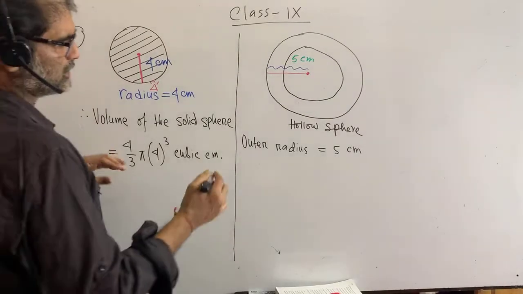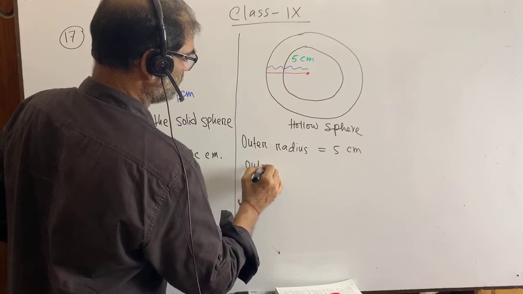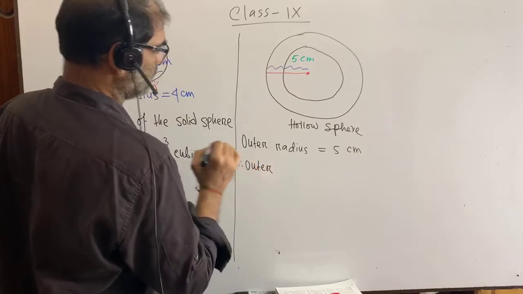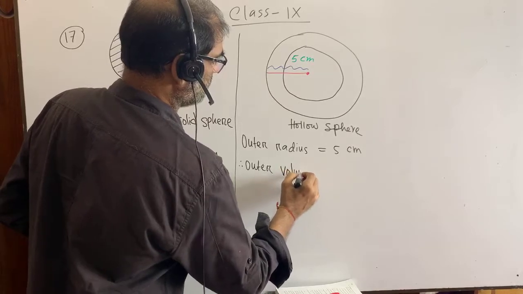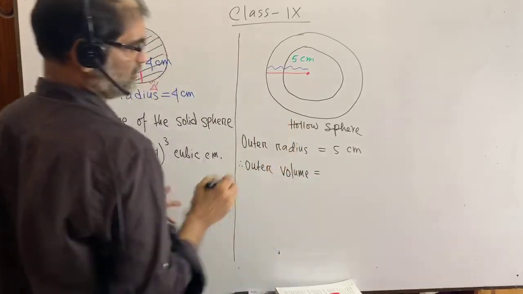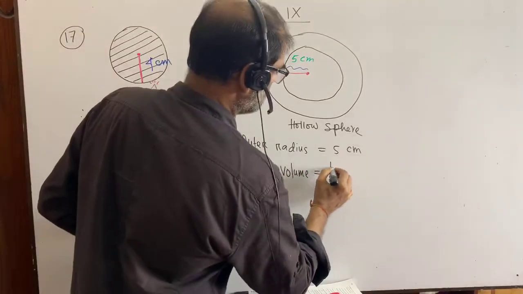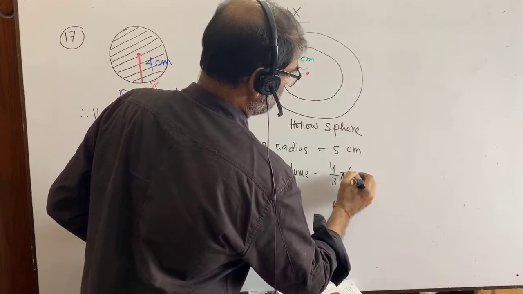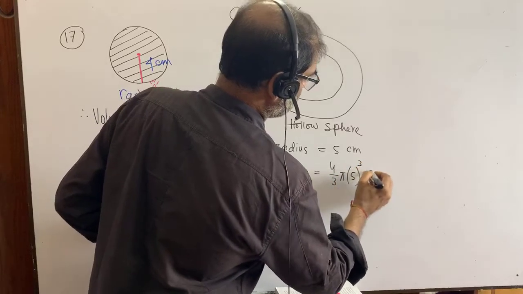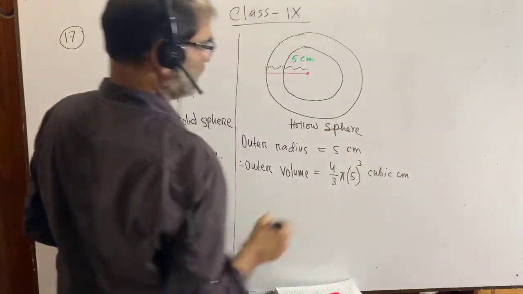So what is outer volume? Therefore outer volume will be equal to, as usual formula, 4 by 3 pi a cube cubic centimeter.